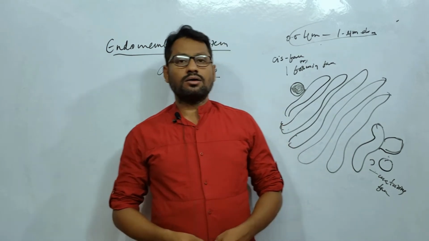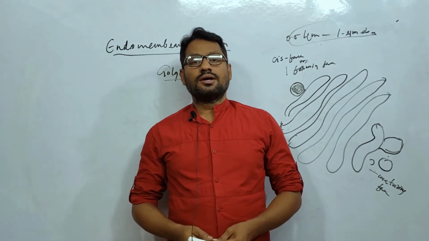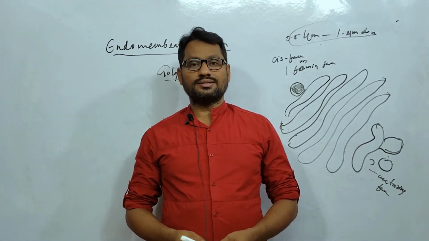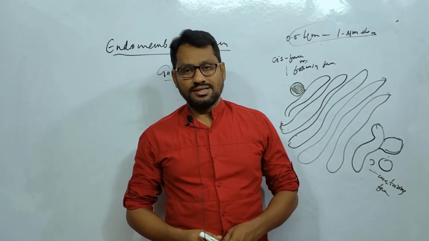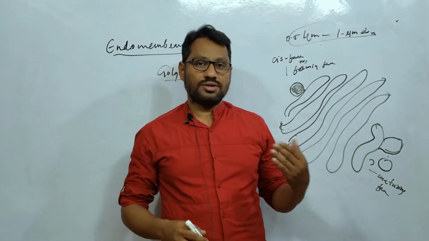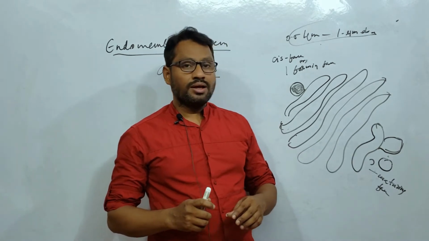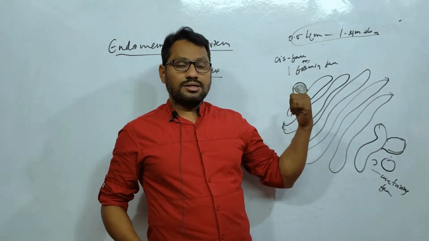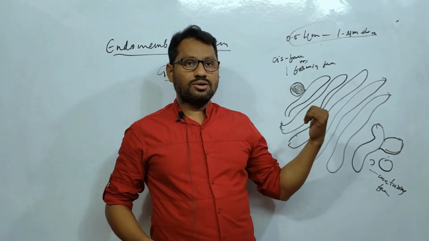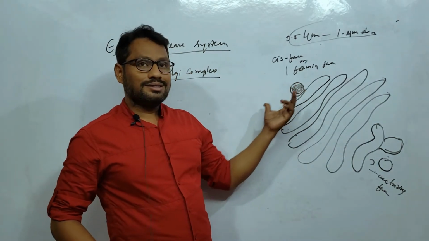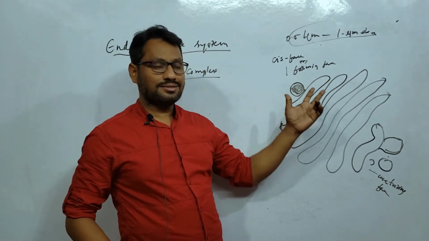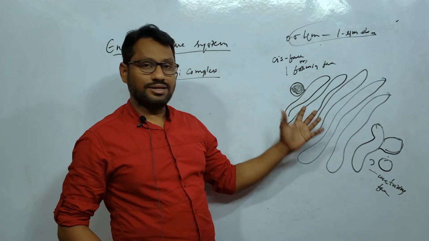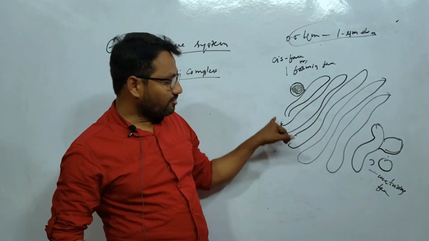Golgi complex or Golgi apparatus. It was discovered by an Italian scientist, Camillo Golgi, in 1898. So, it was named after him as Golgi bodies. Golgi bodies are flat disc shaped sacs arranged near the nucleus, and they have many cisternae.